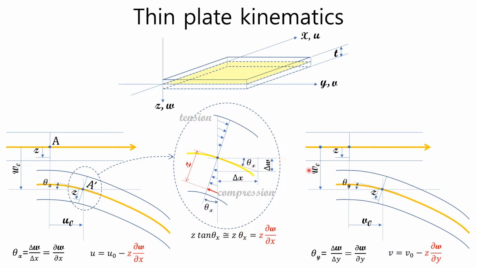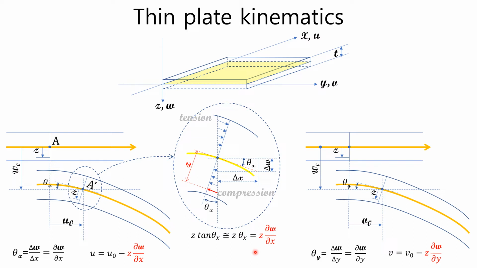Let's look into the deformation of a point at distance z perpendicularly away from the midplane. A red arrow describes that deformation, which can be expressed as z multiplied by tangent theta x. For small theta x, tangent theta x is equal to theta x.